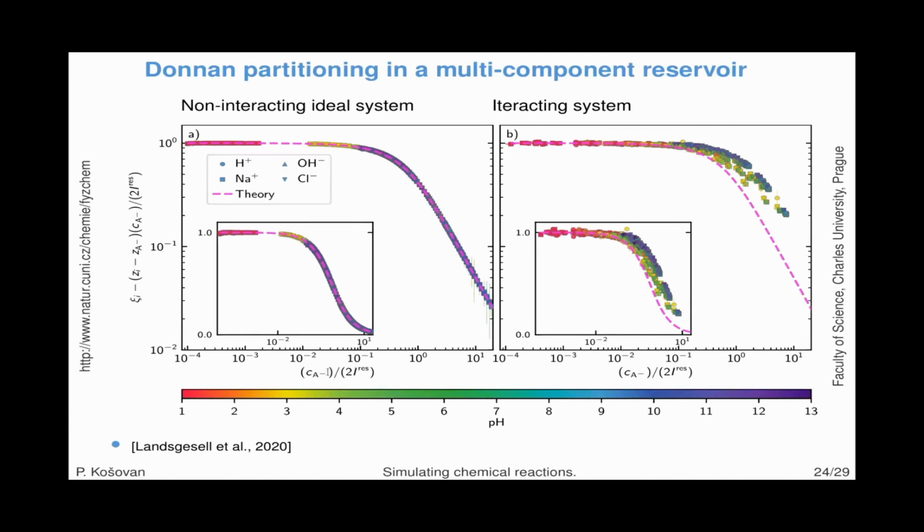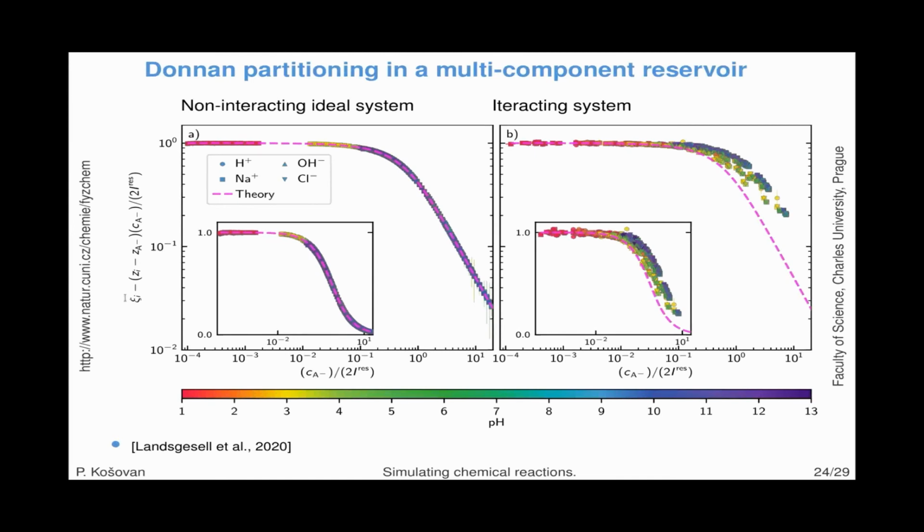And we see that all our simulation results presented as data points, colored to encode the pH, fall on the same master curve given by the Donnan partition. Here, the variable on the vertical axis is the scaled Donnan partition coefficient that accounts for the unequal role of cations and anions in the system.